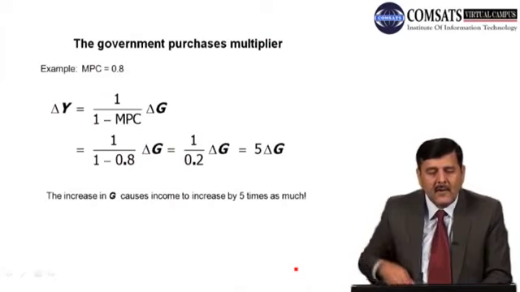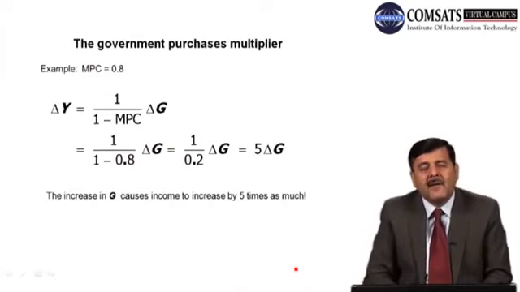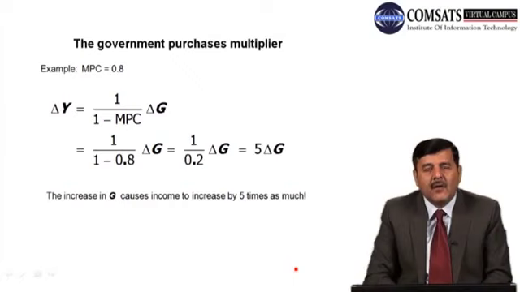Now suppose MPC, the marginal propensity to consume, is 0.8. If we substitute that value here, delta Y is equal to 1 over 1 minus MPC into delta G, which is 1 over 1 minus 0.8, which is 1 over 0.2 delta G, equal to 5 delta G. So the increase in G causes income to increase by 5 times as much.